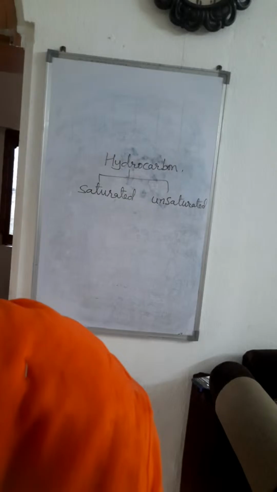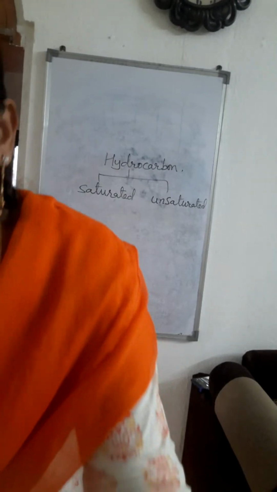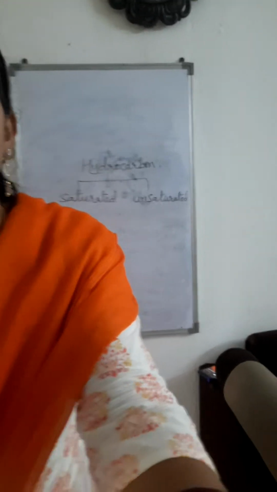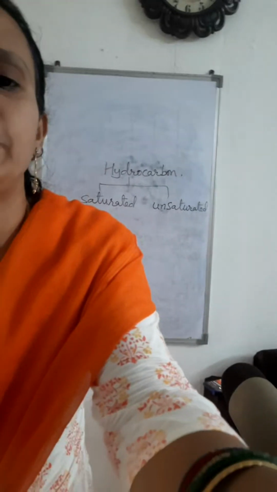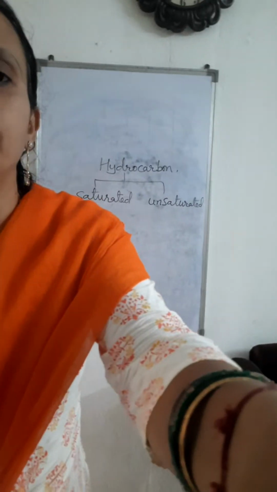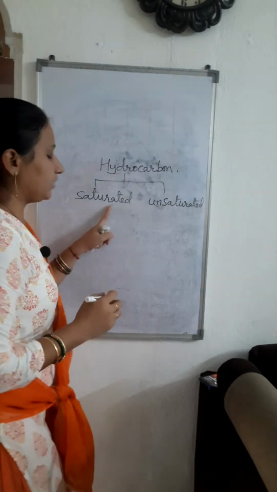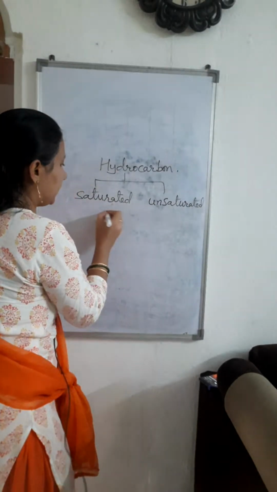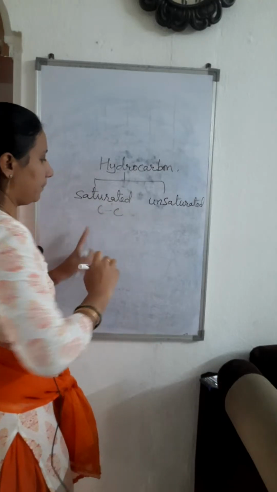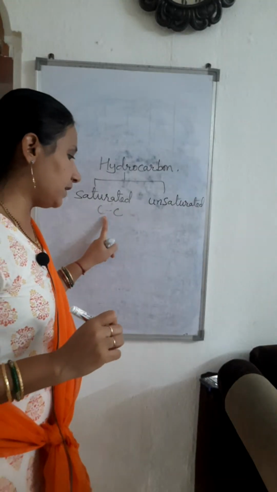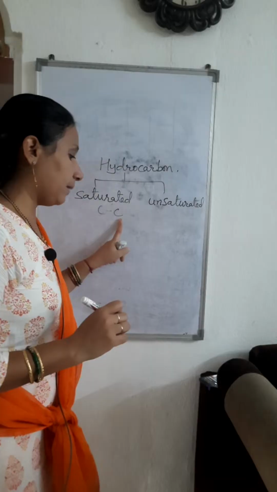Now what are saturated hydrocarbons? Saturated hydrocarbons are those which have single bonds. If there is a single bond between carbon and carbon, we call it a saturated hydrocarbon. Always consider the bond between carbon and carbon only.